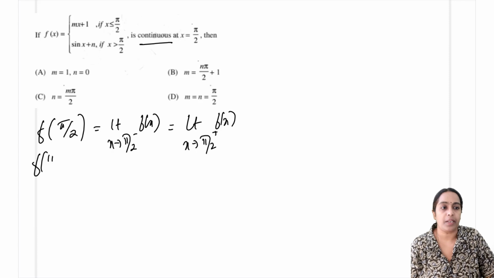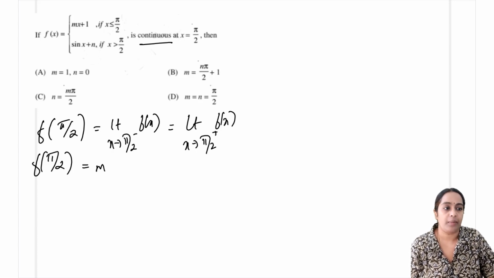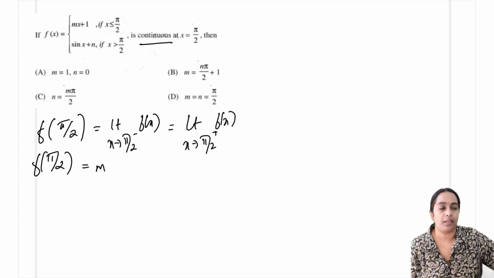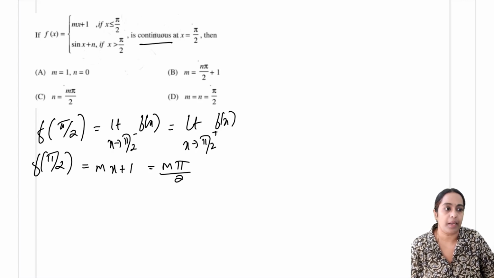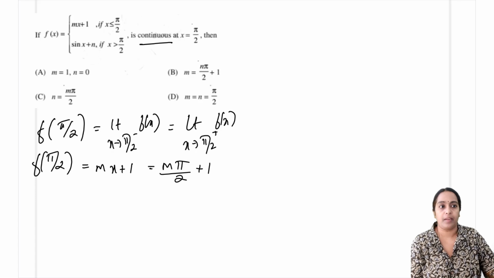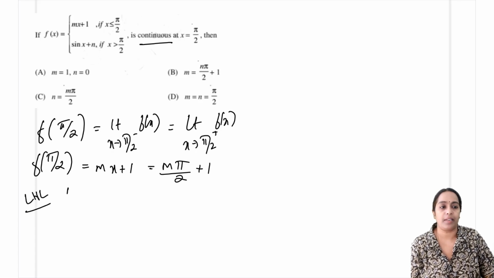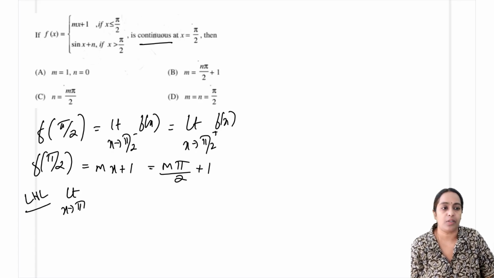So what is my f of pi by 2? For x value pi by 2, it is mx plus 1, so this is going to be m pi by 2 plus 1. My left hand limit is limit x tending to pi by 2 minus f of x.